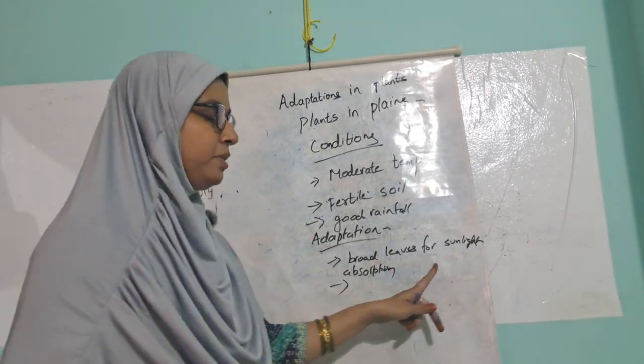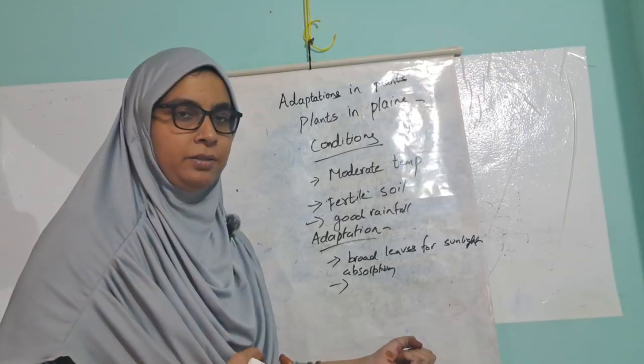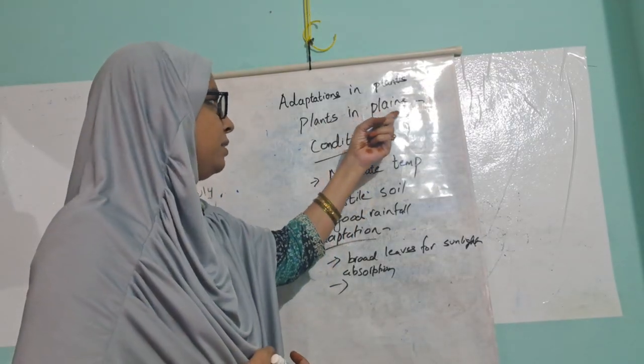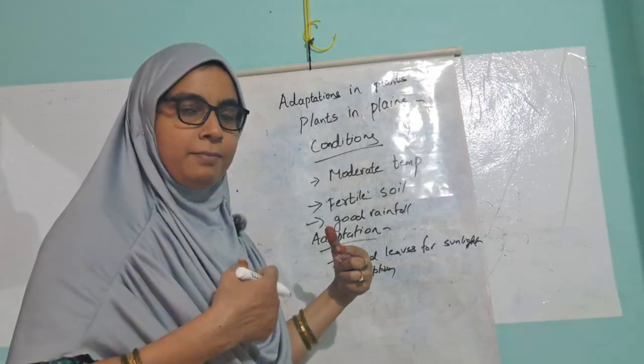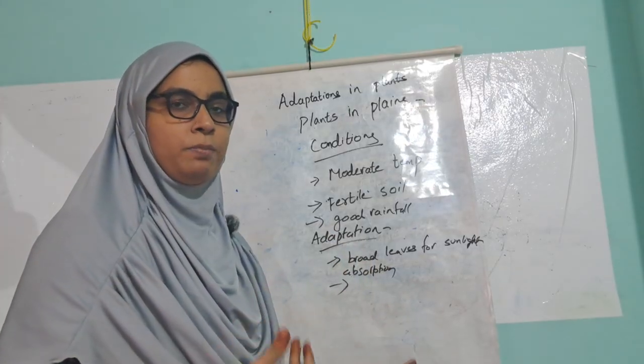They have broad leaves that absorb the sunlight. These plants, the plants in the plain areas, have broad leaves that absorb the sunlight.